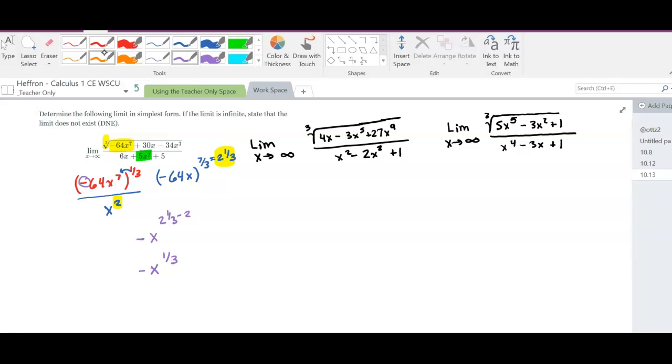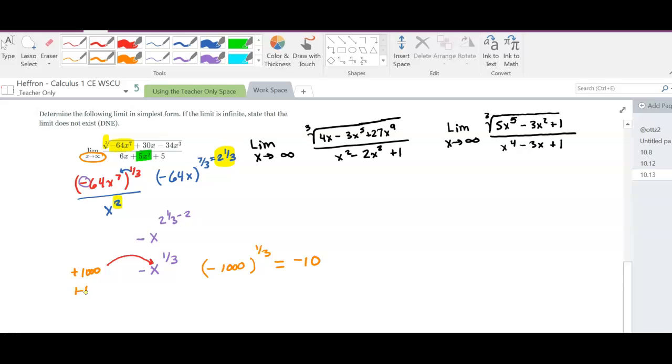Now as I put a big number in, like maybe negative 1,000. Oops, sorry, but that's a positive 1,000 because we're going to infinity. We would have negative 1,000 to the 1/3 power. And so that answer we get negative 10.